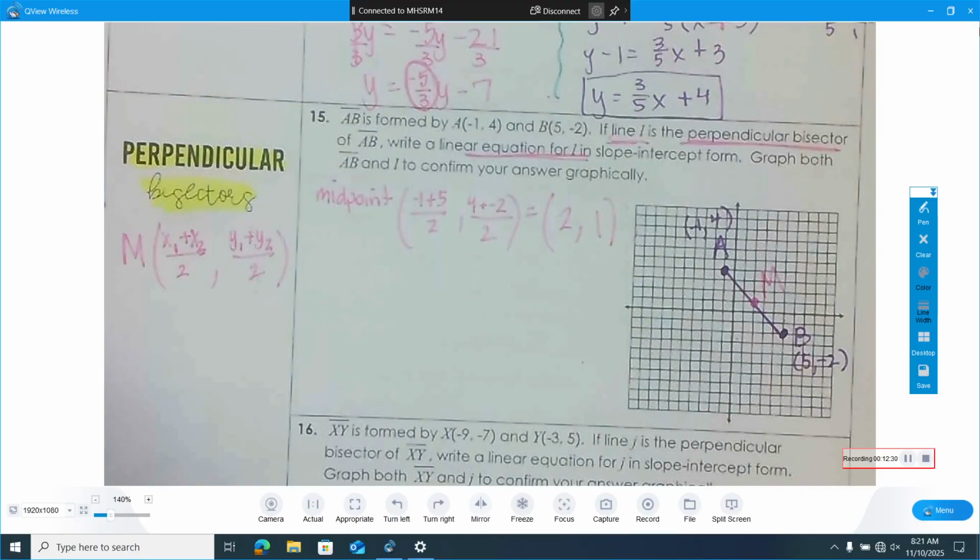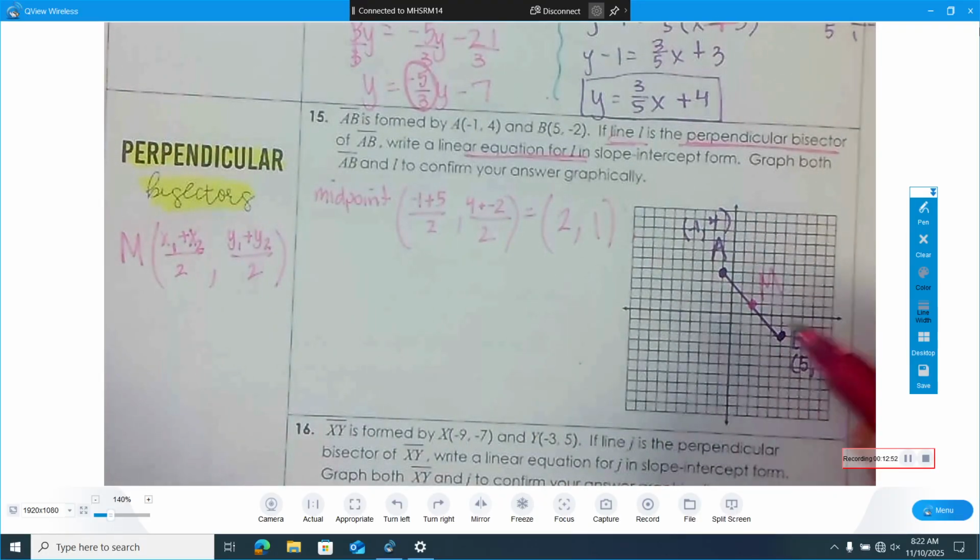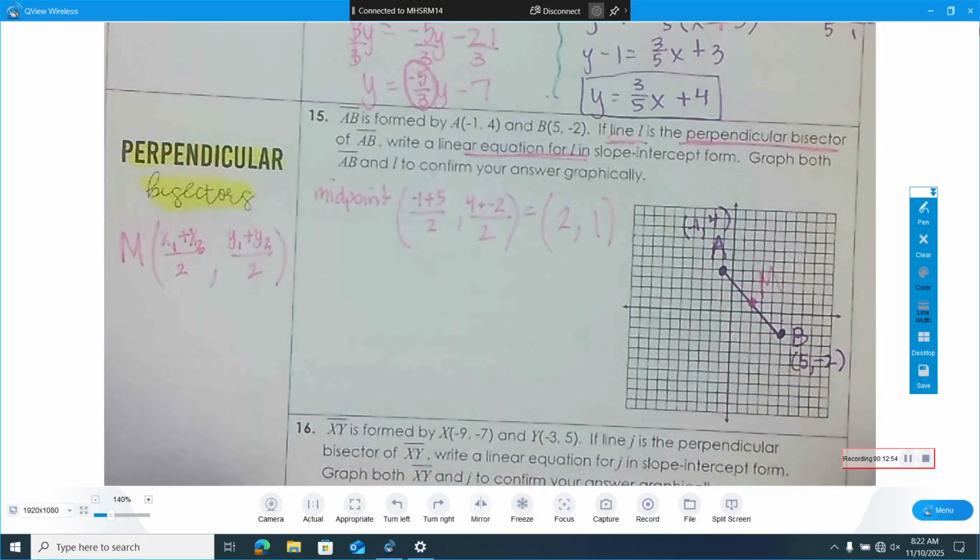You see how you can sort of just stair step and get there? You should be able to count it out too. Of course, if your ordered pairs were super far, numbers bigger than 10, you might not want to do that. But we can see it here. So there is my bisector.